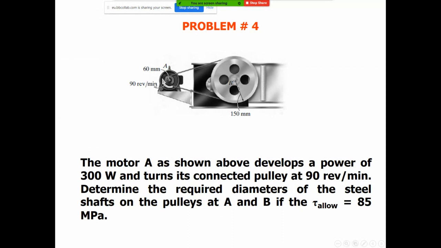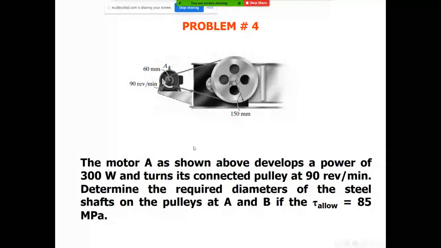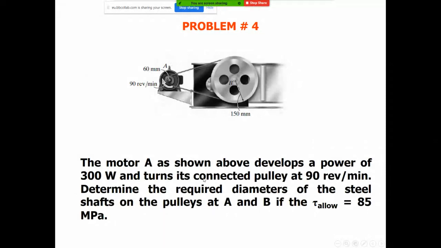Here a motor at E, as shown above, develops a power of 300 watts. Meaning the motor here develops 300 watts as power, and it turns a pulley connected at 90 revolutions per minute, meaning the pulley here rotates at 90 revolutions per minute.